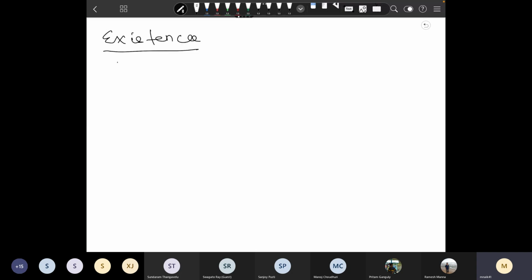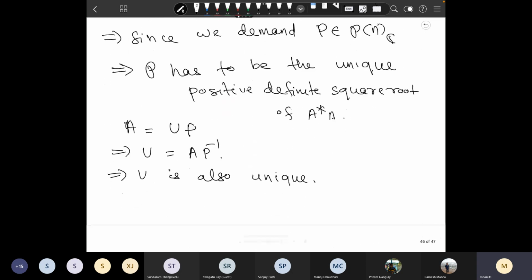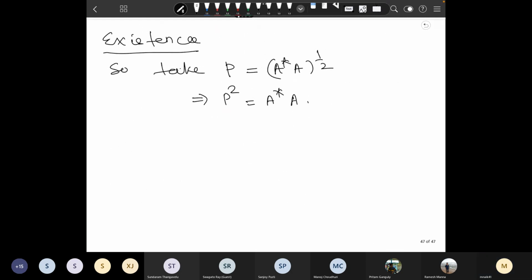So take P equal to the square root of A star A. This is the unique square root of A star A. So this implies P square is equal to A star A. So U has to be defined by AP inverse.